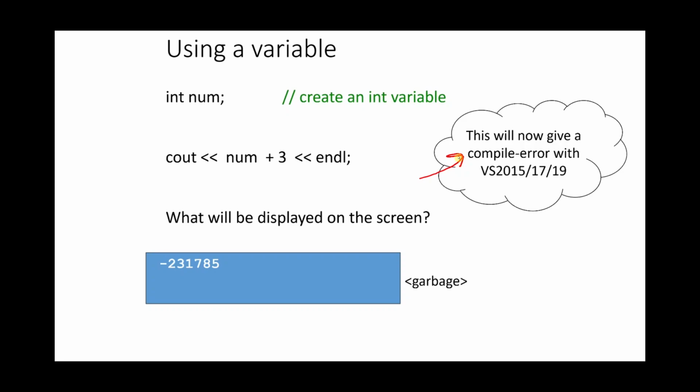Because you used an uninitialized variable. In older compilers, that was taking whatever value we found when we created num, whatever value was stored in that location, and adding 3 to it. The new compilers are saying, no, wait a second, we don't recognize that value. So this is considered uninitialized because you haven't initialized it.